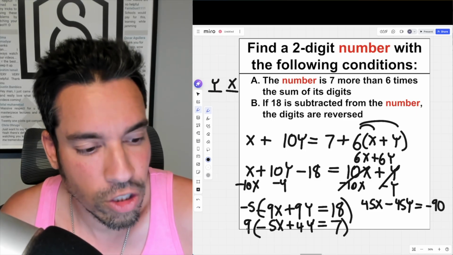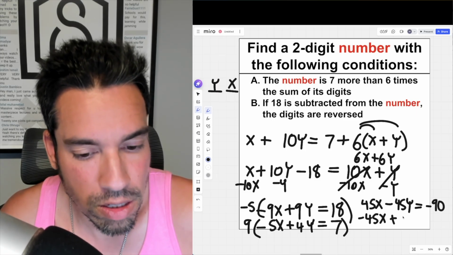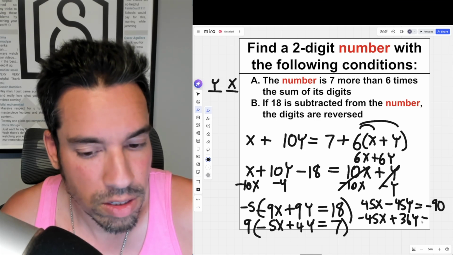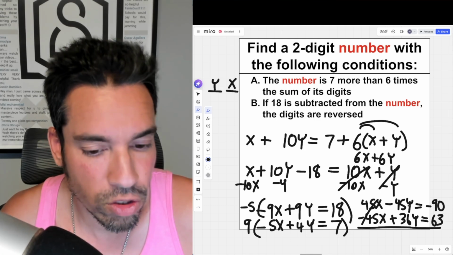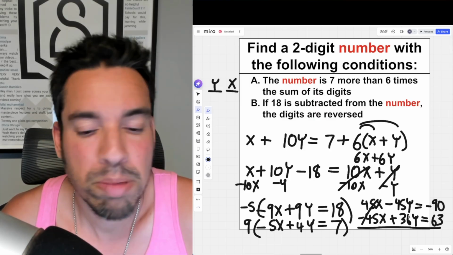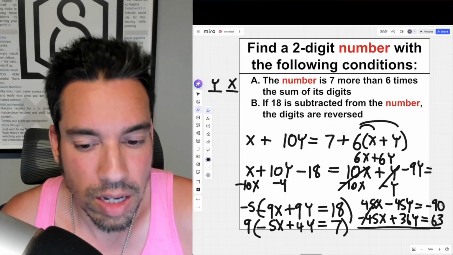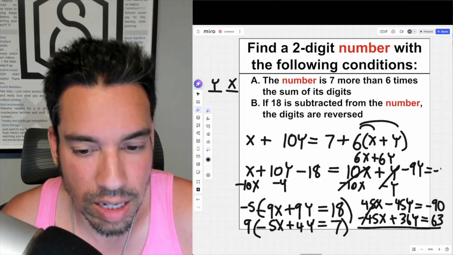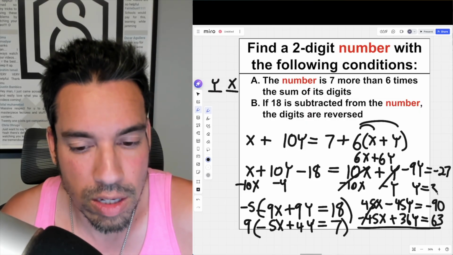Down here, as I distribute the 9, I get negative 45x plus 36y is equal to 9 times 7, which is 63. Now we're going to add these together. These are going to cancel out. Negative 45y plus 36y is negative 9y. Negative 90 plus 63 is negative 27. Then we're going to divide both sides by negative 9, and we get y equals 3.